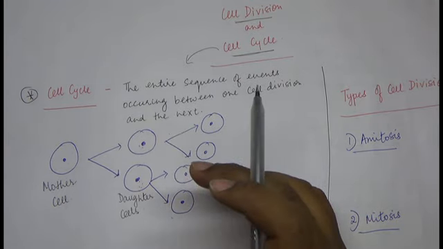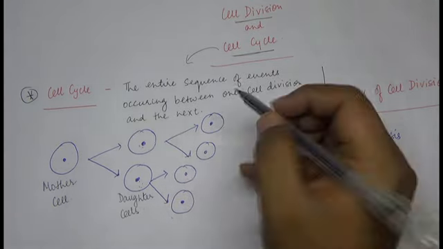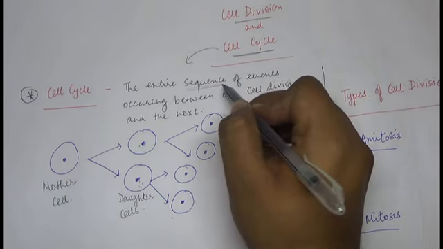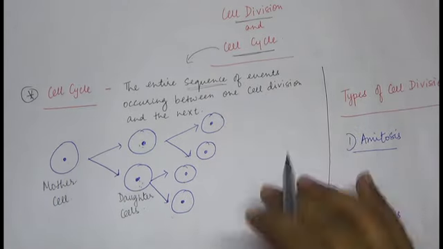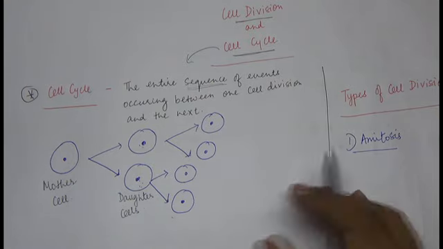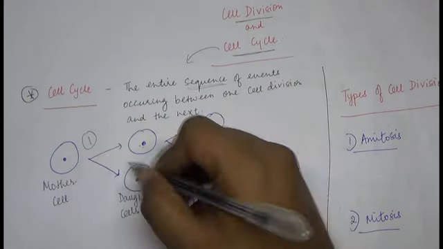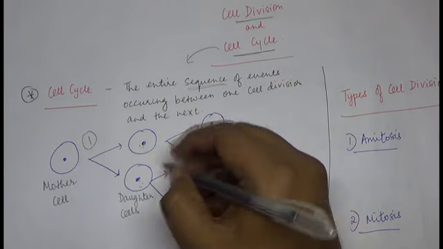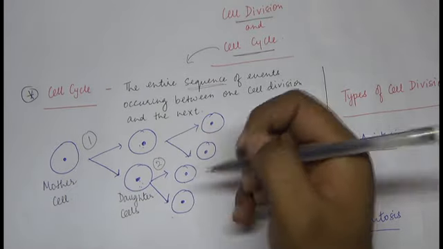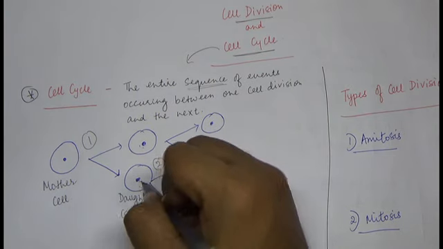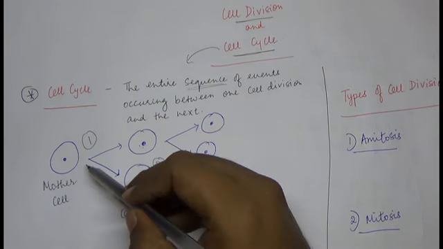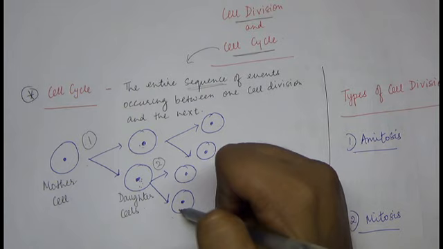Okay, coming to what is cell cycle. Cell cycle is defined as the sequence of events occurring between one cell division and the next. Okay, so here this is cell division 1, and this is cell division 2. So for this cell, this is cell division 1 and this is cell division 2.